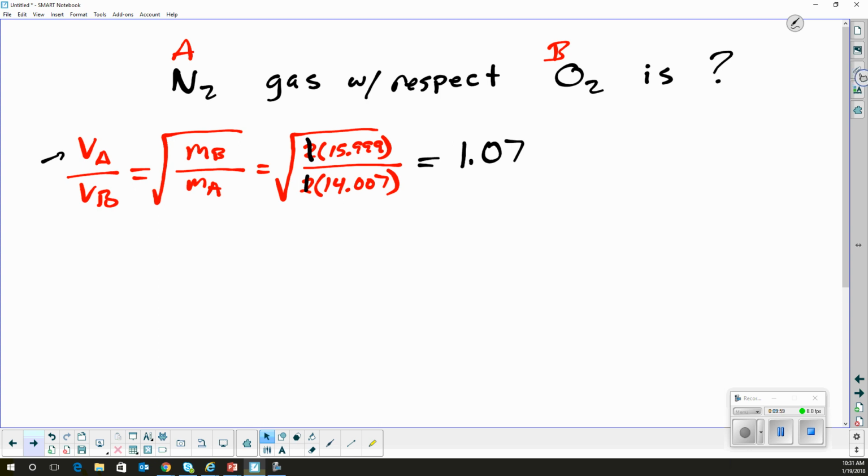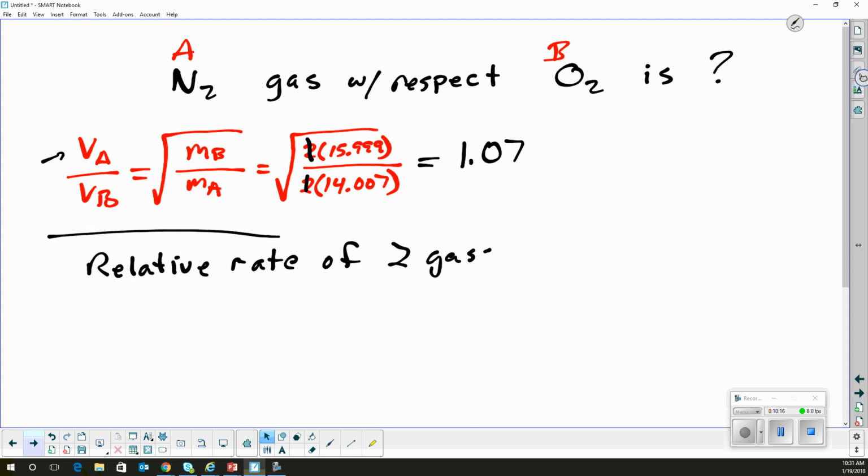Okay. So if you were trying to find the mass and they give you velocity. Okay, so they usually won't give you velocity. They'll say something like the relative rate of two gases is 0.073.